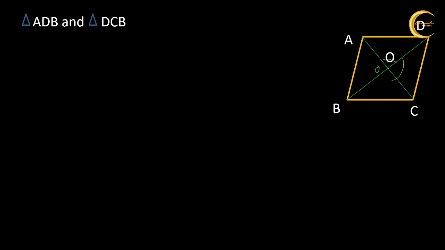So how will we prove that? Here this is ADB, meaning this triangle, and another triangle is DCB, meaning this triangle, and it is required to prove that these two triangles are equal in all respects.